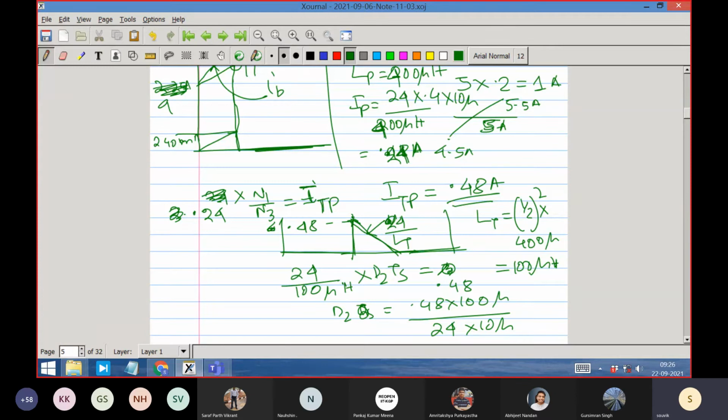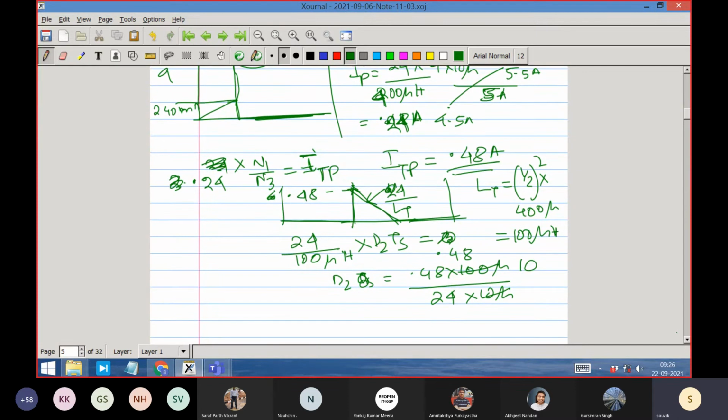So it is 4.8 by 24. So how much is it? 4.8 divided by 24, it is 0.2. I hope I have done correctly. The peak value is this, correct? This is the slope into D2 TS is 0.48.